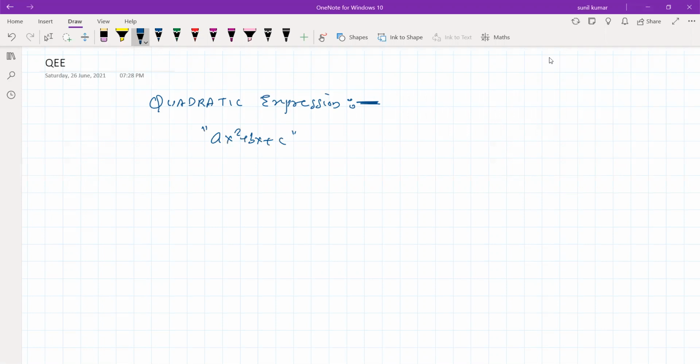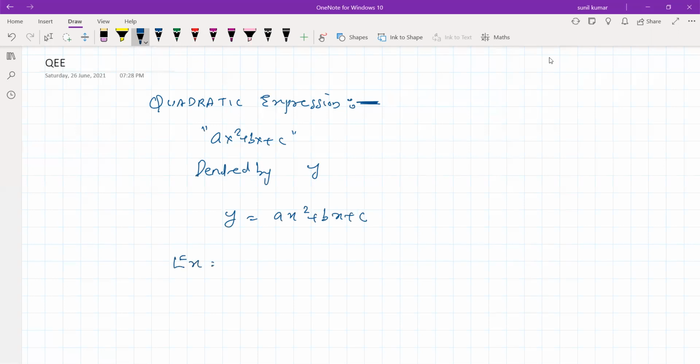This is called a quadratic expression. Quadratic expression, we will denote it by y. That means y equal to ax square plus bx plus c.